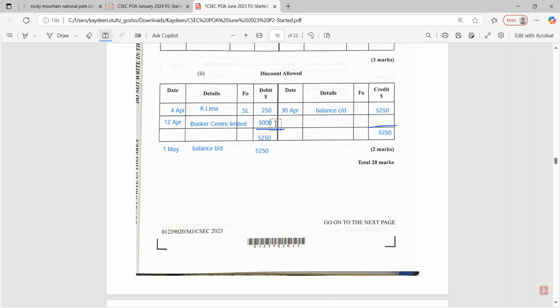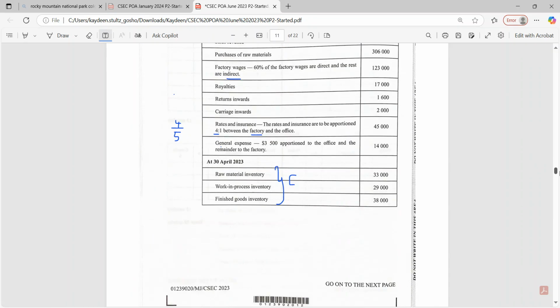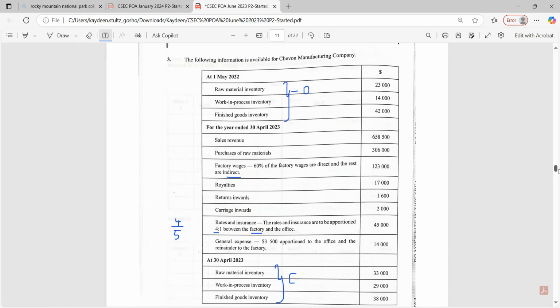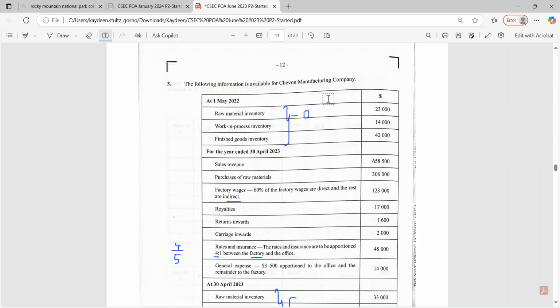You total both sides, so 5,000 plus 250 gives you 5,250, and you only have 5,250 on this side, so it is also equal to 5,250. Your balance CD will become your balance BD on the 1st of May, and it is 5,250.